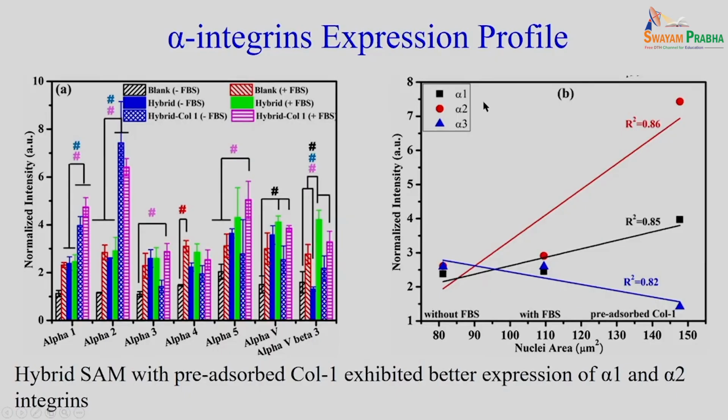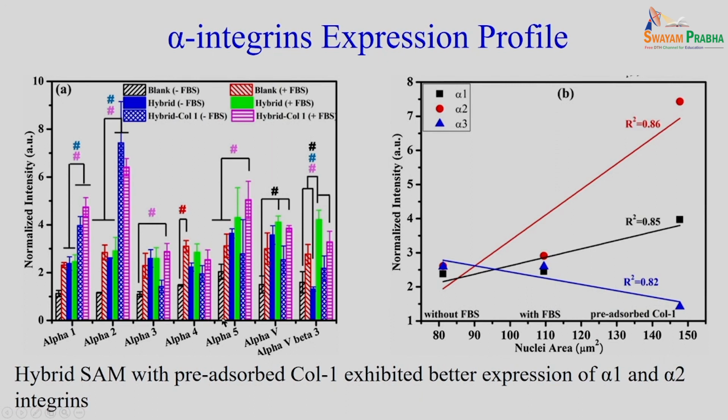heterodimer, and 18 different types of integrins are available. We analyzed alpha 1, alpha 2, alpha 3, alpha 4, alpha 5, alpha V, and beta 3.